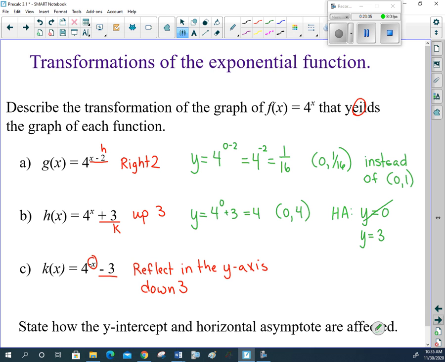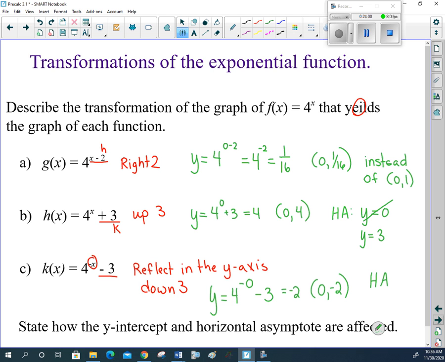Okay, and then part C, if we go ahead and do the work on that one, we get y equals 4 to the negative, and then you put 0 power, but 0 is not positive or negative, so that's 1 minus 3. So that's going to give you negative 2. So your y-intercept is going to be (0, negative 2). And what's going to happen to your horizontal asymptote?